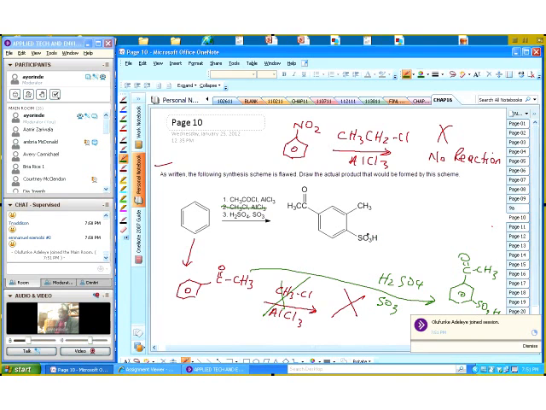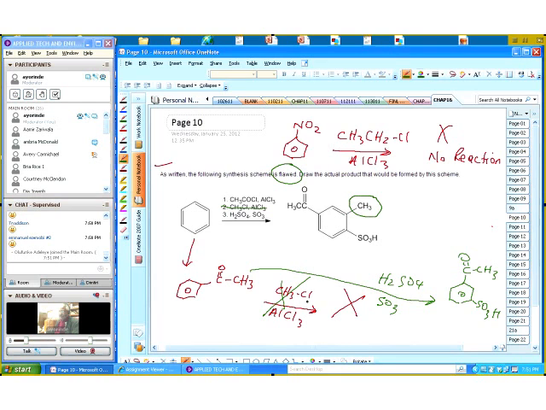Very good. Remember what they told us, that this process here is flawed. In other words, this reaction will not happen the way it is written. So therefore, this is not good. If the Friedel-Crafts had happened here, then you would expect to obtain a meta product here.